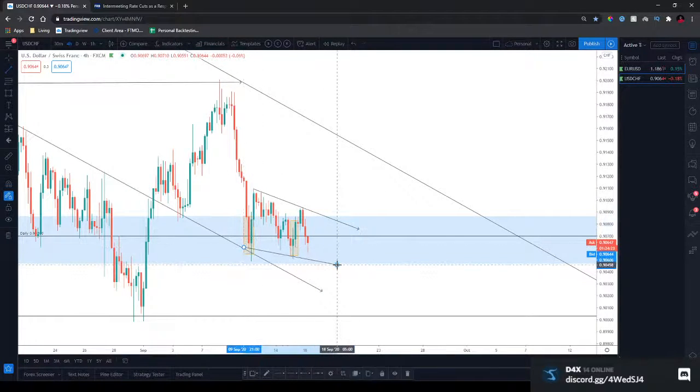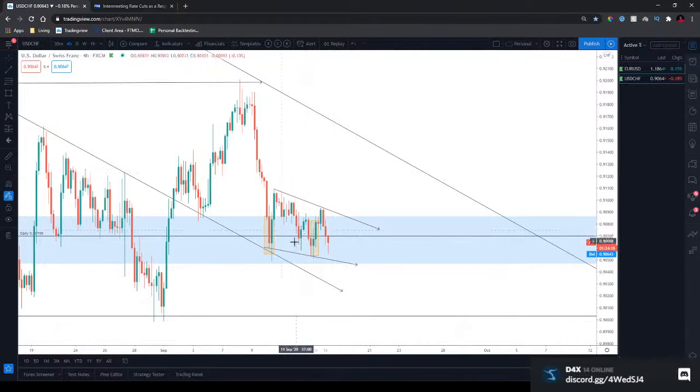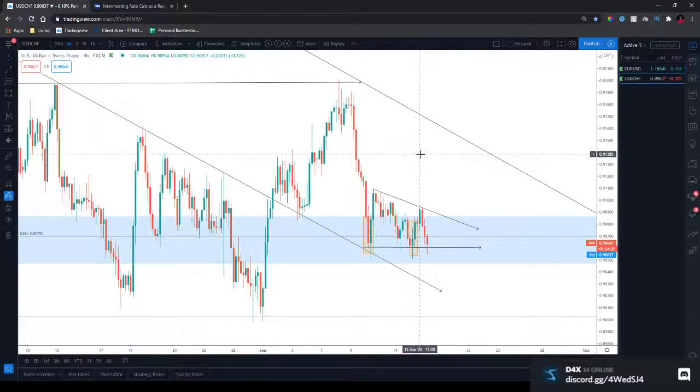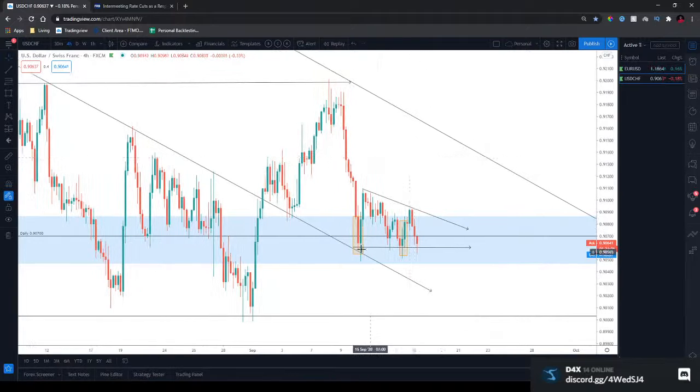Right now what we're forming is another reversal pattern, but I would like this to be a little bit steeper. I would be more confident in it if it was a little bit steeper. But other than that, I'm looking for price to respect this base level here.